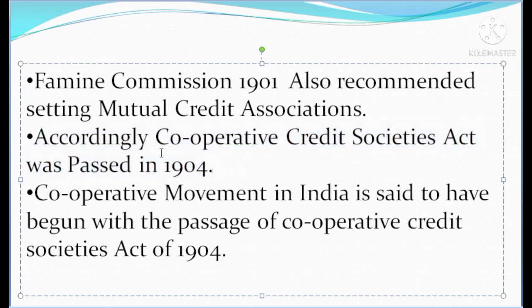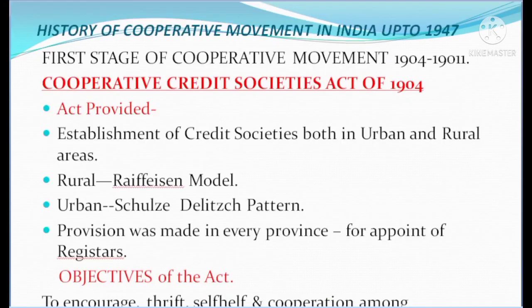By the passage of this act, the Cooperative Credit Societies Act 1904, cooperative credit societies got legal status. So the cooperative movement in India is said to have begun with the passage of the Cooperative Credit Societies Act.